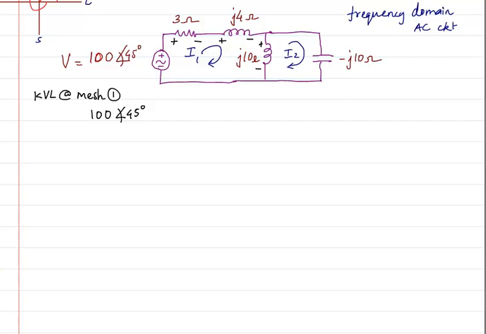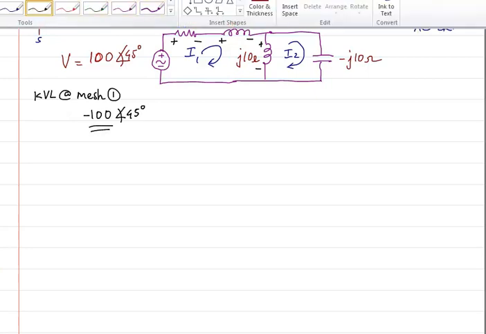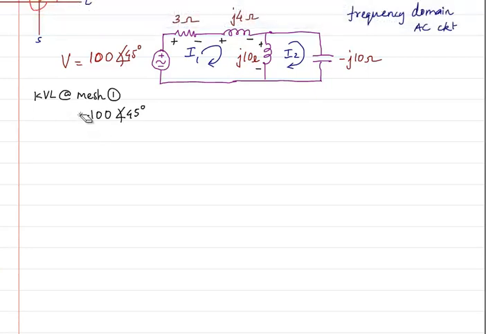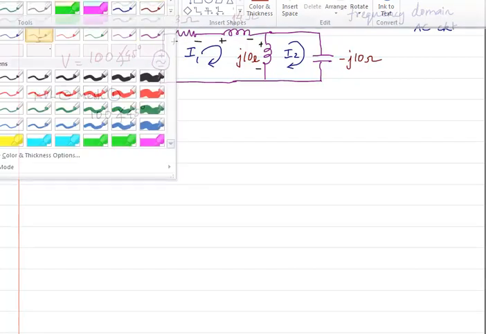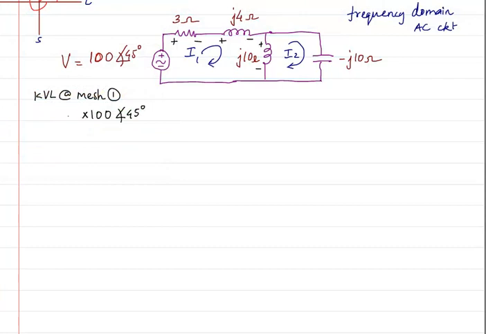Now if I am going to take it from the back, I should write a minus here. Now listen very carefully. I can never write a minus in polar format because it's wrong. This magnitude value has to be always positive in polar format. So if I am going to write a negative, I have to write it by multiplying with minus 1. So I will multiply this with minus 1.